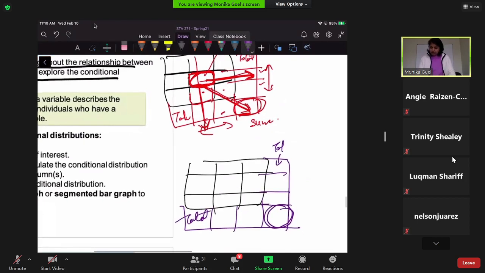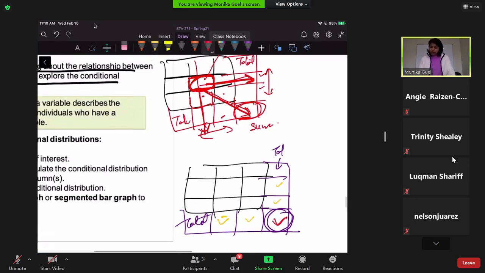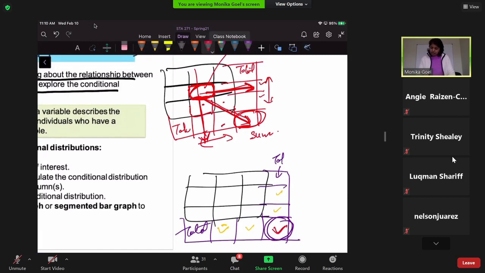So when we work with the marginal distribution, your numerator comes either from here, here, here, or here. But your denominator is always this. In marginal distribution, we do not use the cells. So you are not going inside the cell. You are just working with the margins.